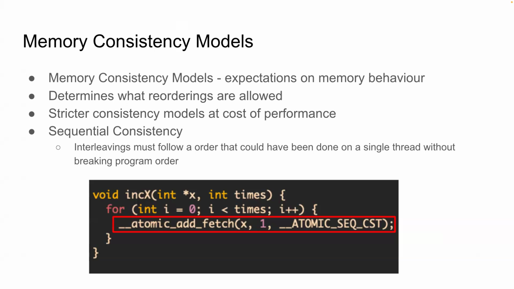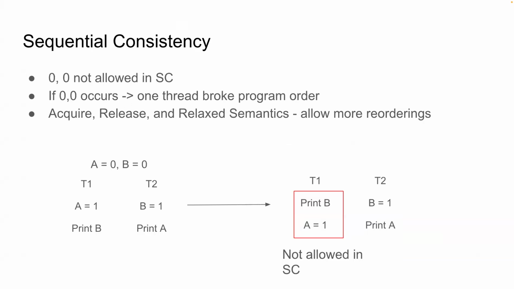You do not want this to happen. So that's one memory consistency model. I'm glossing over a lot of details, but these memory consistency models define the set of orderings that you're allowed to do. If you say sequential consistency, this is not allowed.